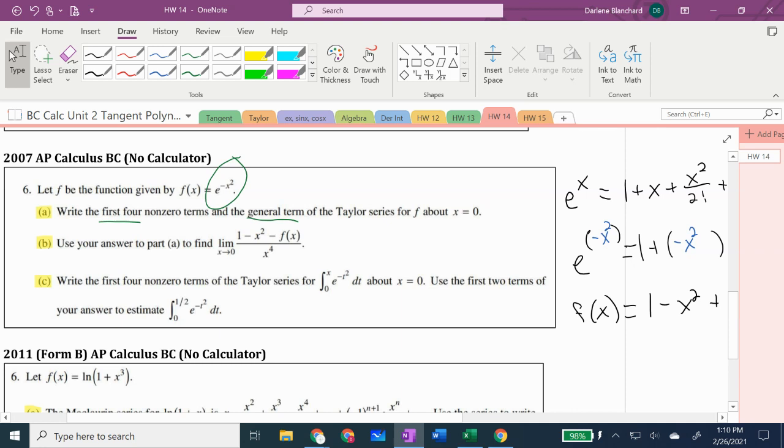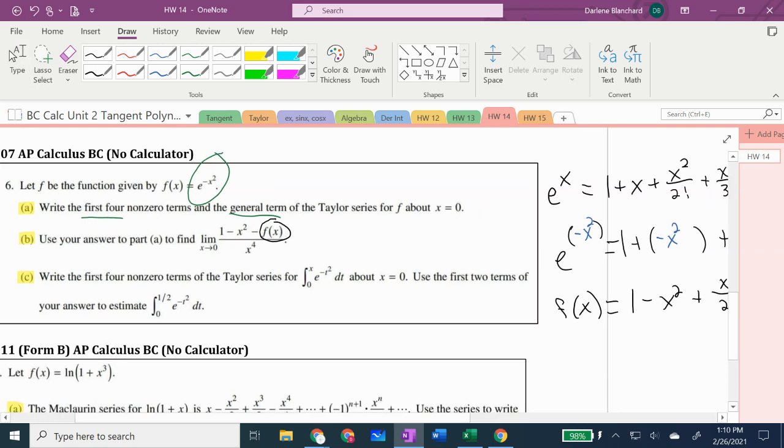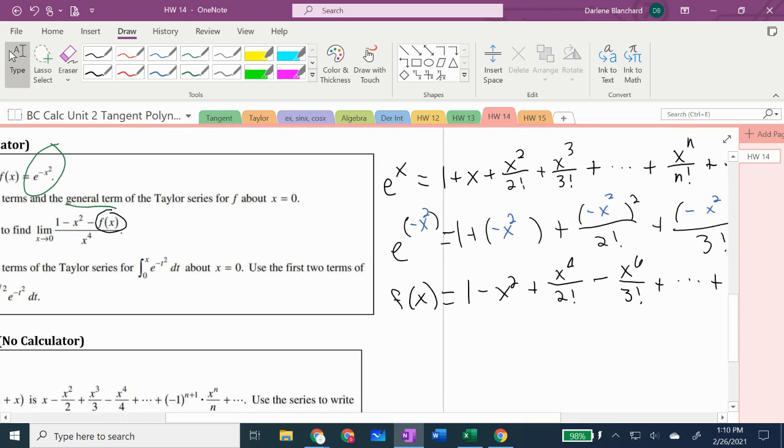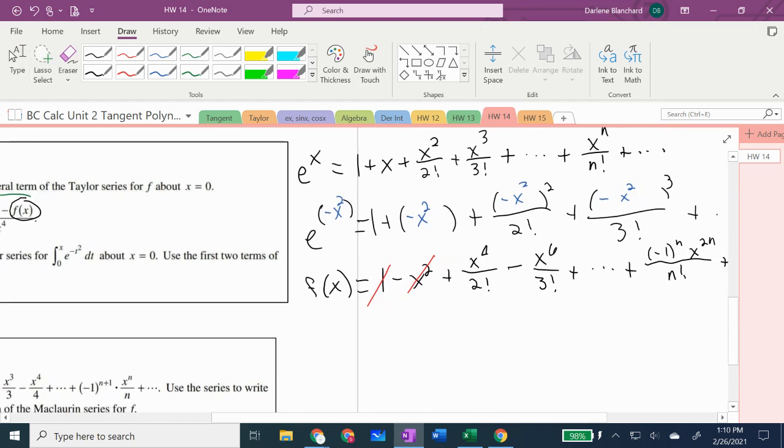Part B, I want to subtract this function from 1 minus x squared. So what's going to happen is I'm going to have 1 minus 1, negative x squared minus negative x squared, and then a subtraction of all of these.